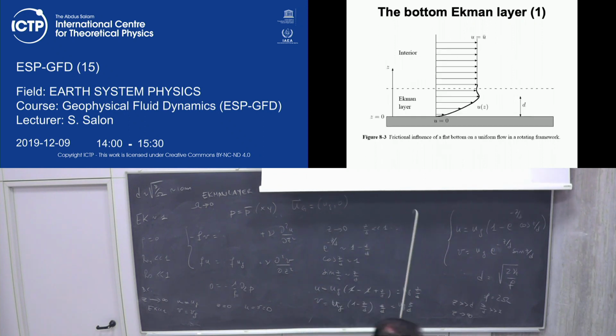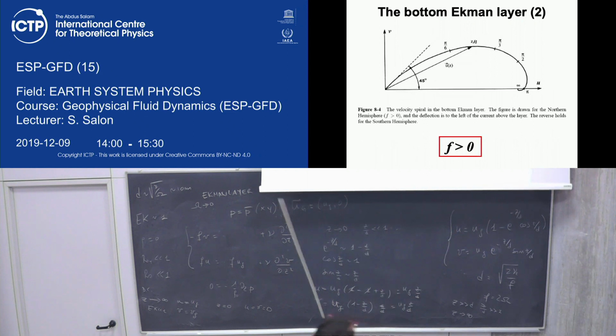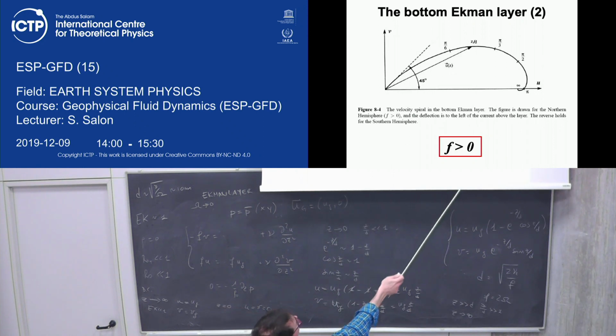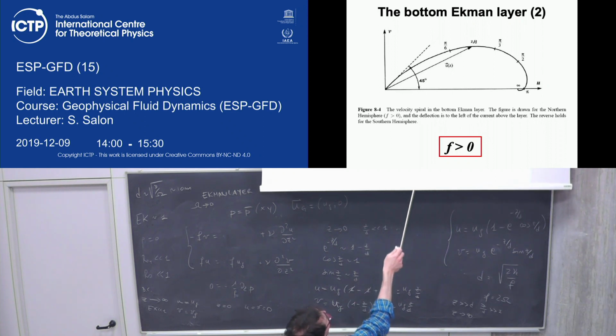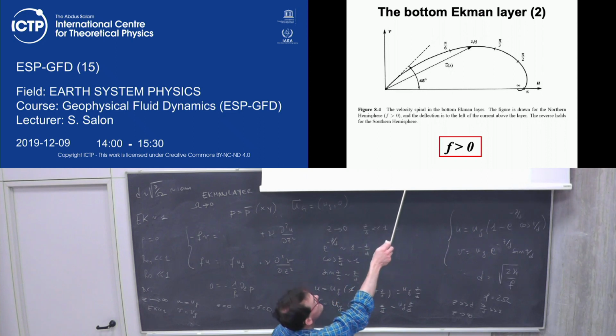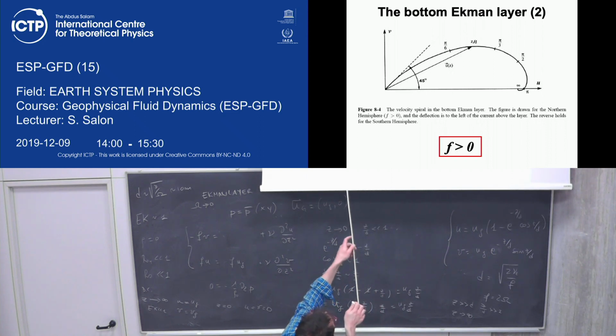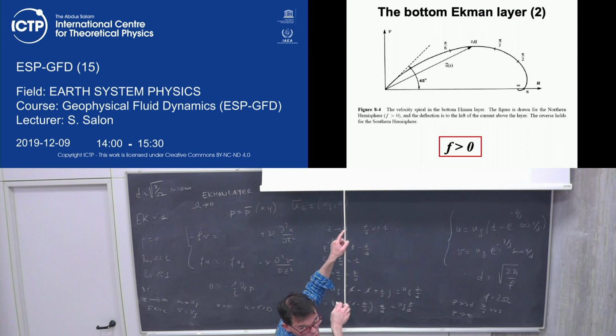And if we represent the velocity when we are in the northern hemisphere, in this way, it is called a hodograph. So I put the component U on the x-axis and the component V on the y-axis, and every dot of this figure is a value of z over D. Okay, so it's dimensionless. So when I am here, of course, z over D is equal to 0.